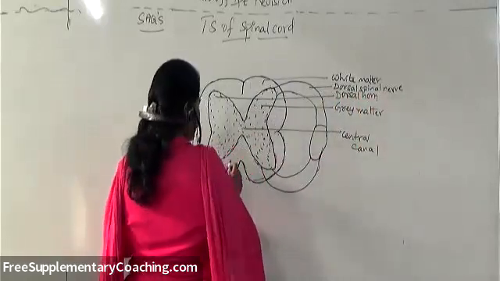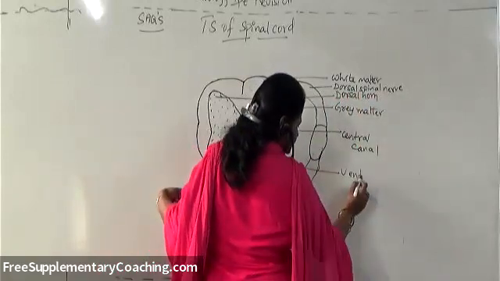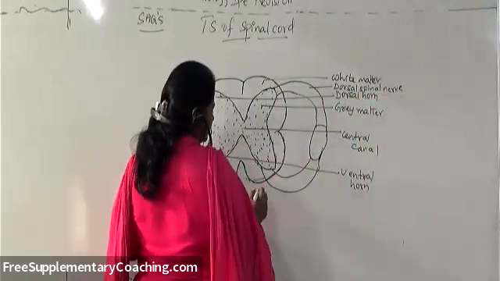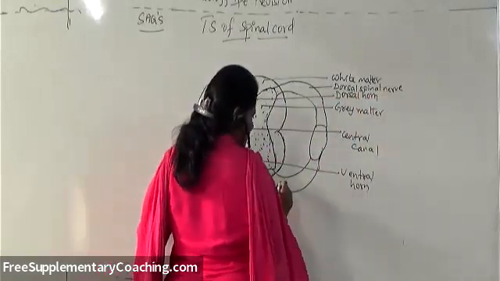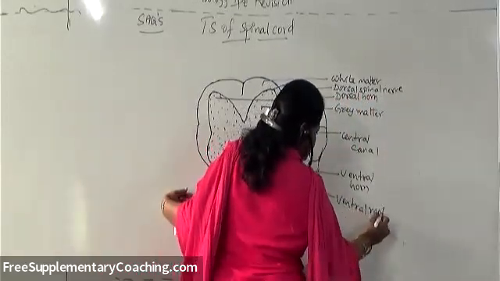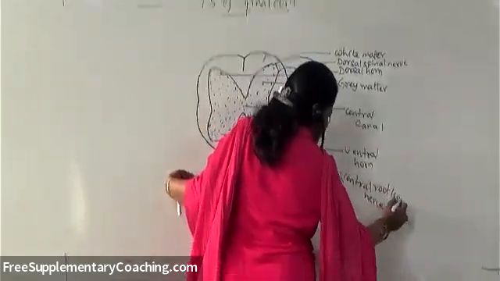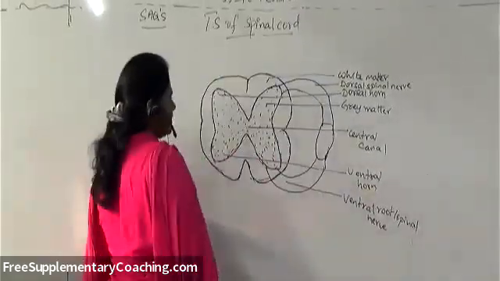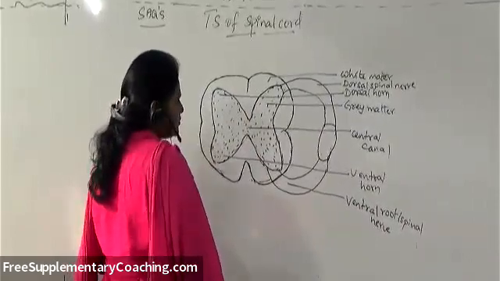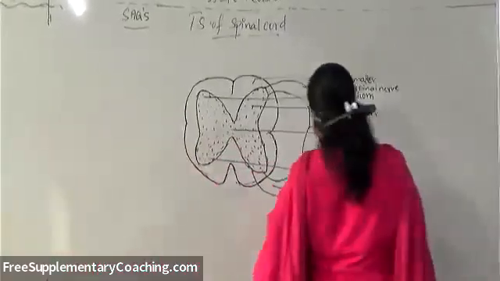This is the ventral horn, and the nerve arising from it can be called the ventral root nerve or ventral spinal nerve. So these are the important points which you are supposed to label in the transverse section of spinal cord.